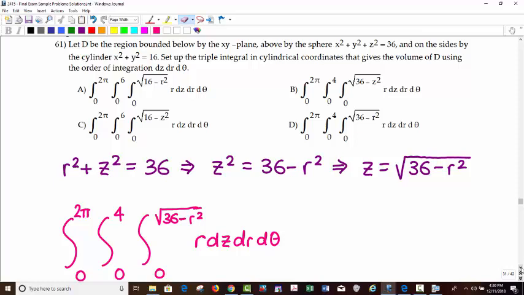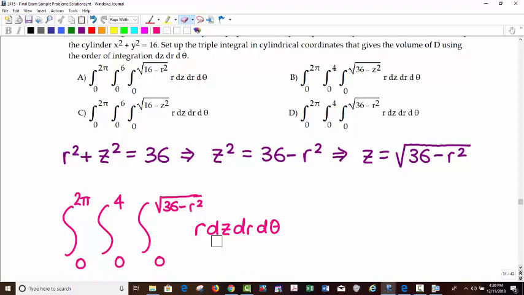You basically take the sphere equation and replace x squared plus y squared with r squared and then solve for z. Obviously just the upper part. So z would equal the square root of 36 minus r squared. So the height's going from 0 to the square root of 36 minus r squared.